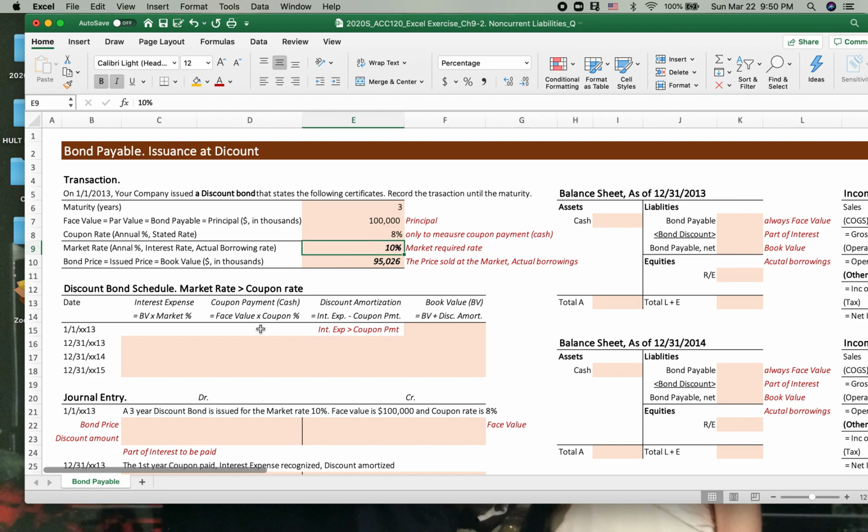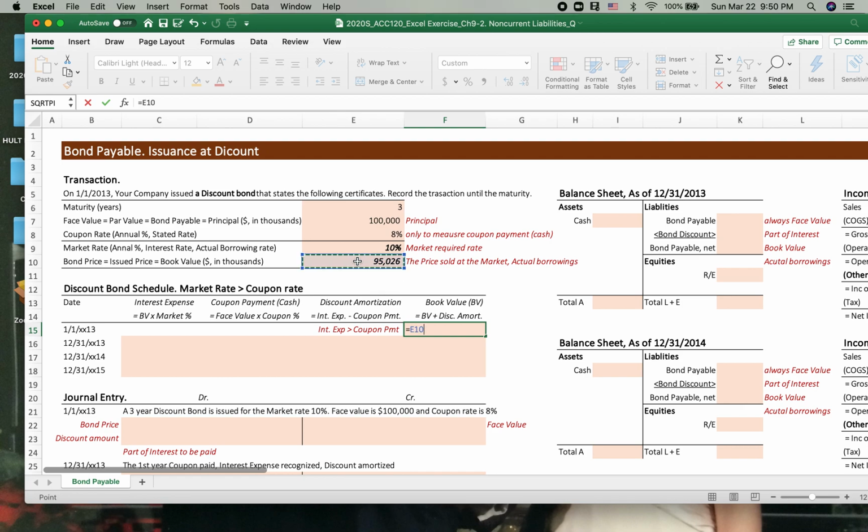Okay? So let's make sure how the interest expense, coupon payment, discount amortization, and the book value are recorded on the balance sheet and income statement before journalizing this transaction. First, the book value. The book value means the bond price, the actual borrowings for the issuer.